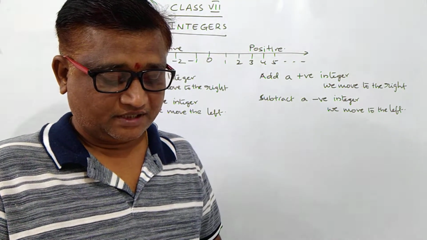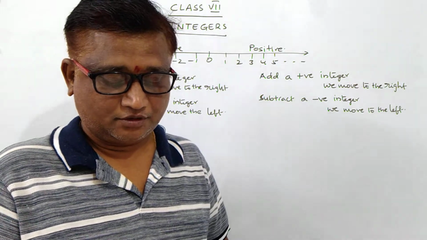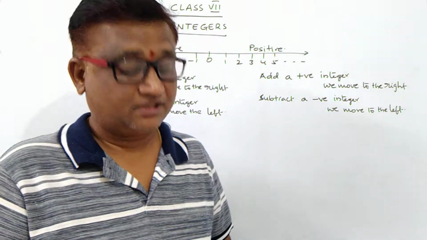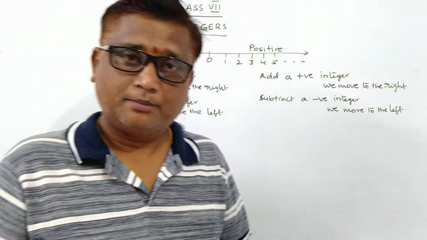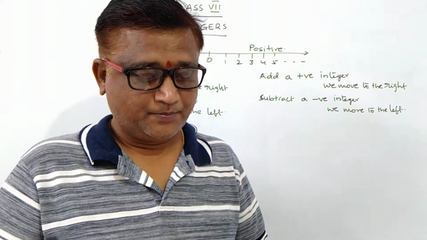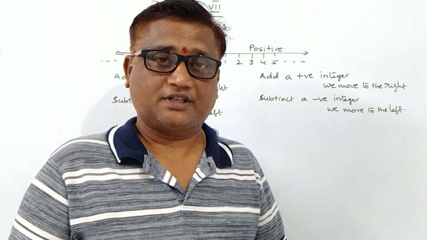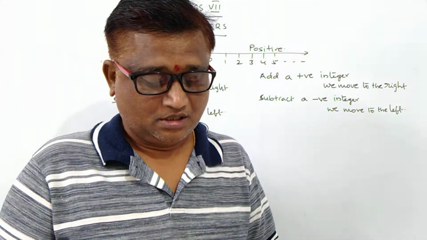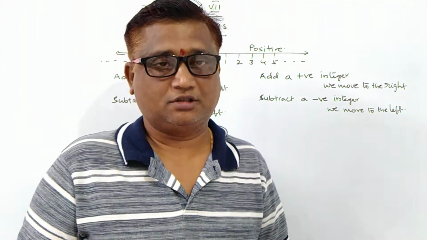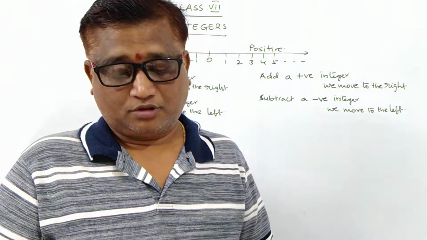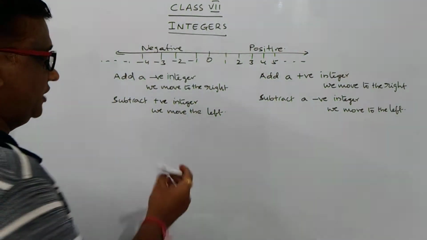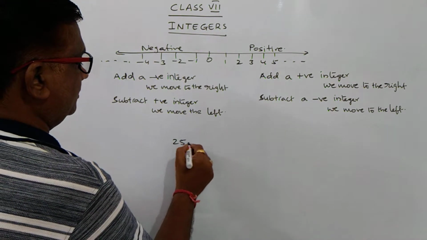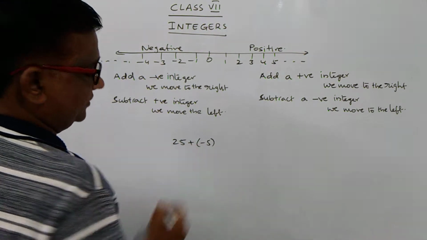Jack's scores in 5 successive rounds are 25, minus 5, minus 10, 15 and 10. So you add them: 25 plus minus 5 plus minus 10 plus 15 plus 10, so you get the total. For every negative number you put brackets like this.